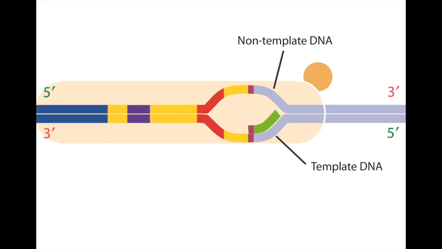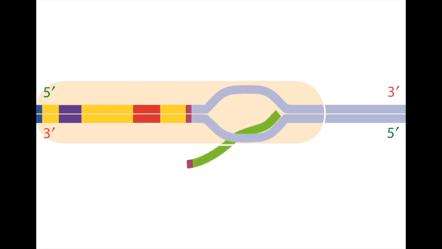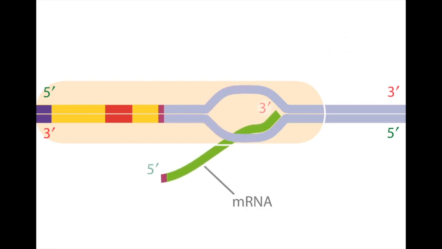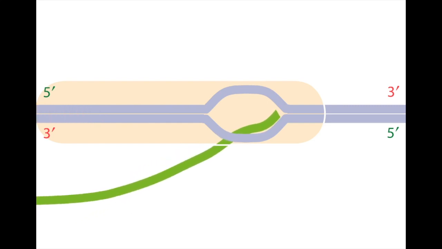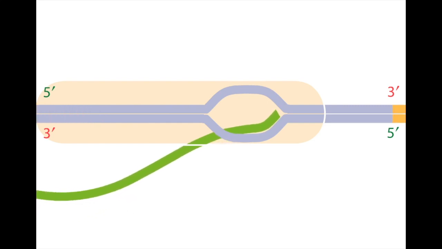Only one of the 2 DNA strands, the template strand, is generally transcribed. RNA synthesis is complementary to the template strand and is in the 5' to 3' direction. RNA polymerase moves downstream, progressively adding nucleotides to the RNA molecule according to the sequences on the template.